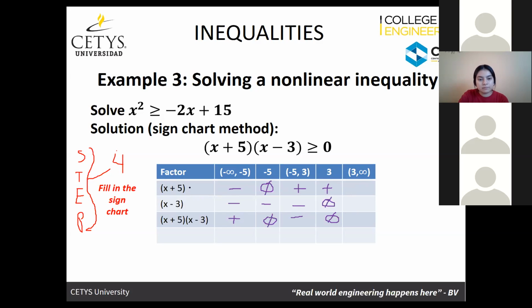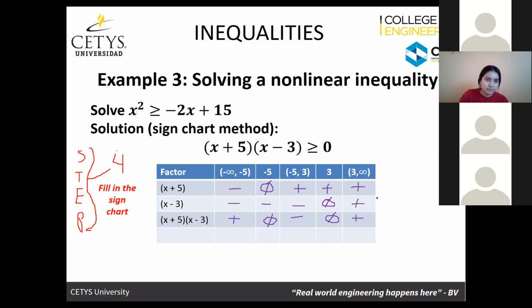If I substitute 4 in the first factor, what do I get? 9, positive. Positive, correct, perfect. Now, if I grab the same 4 and substitute it in the second factor, what do I get? 1, positive. It's positive, correct, perfect. Now, if I multiply those, what do I get? Positive. Positive, perfect. Thank you, Angelica.